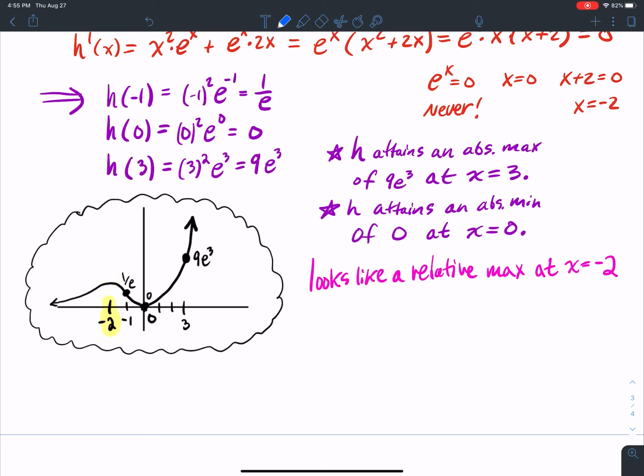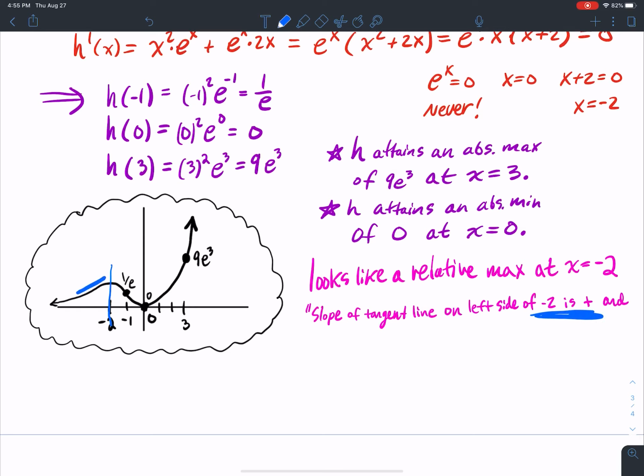But when I look at this problem, what do I notice? The slope of the tangent line on the left side of -2 looks positive.